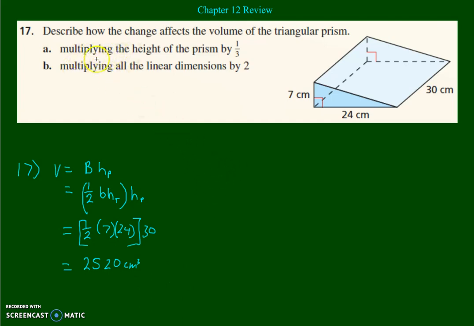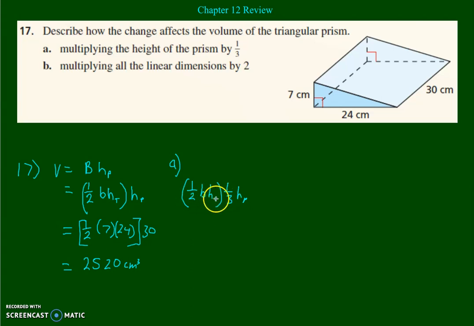Now let's take a look at what's going to happen with A. So for part A, we're going to modify the height of the prism by 1/3. So let's take a look at this formula. If we rewrite this formula and we say that it's 1/2 the base times height of the triangle times 1/3 the height of the prism, because it says we're multiplying the height of the prism by 1/3, then what's the overall effect on volume?